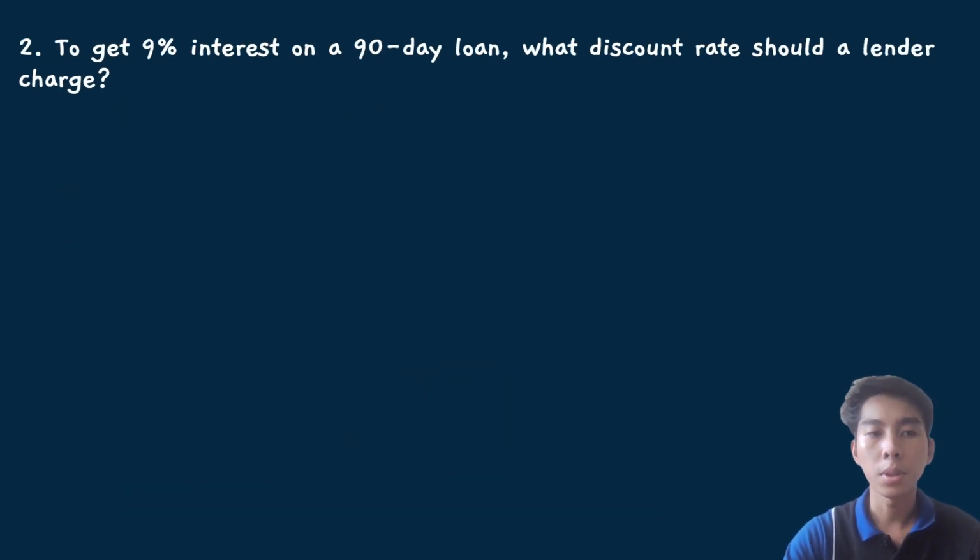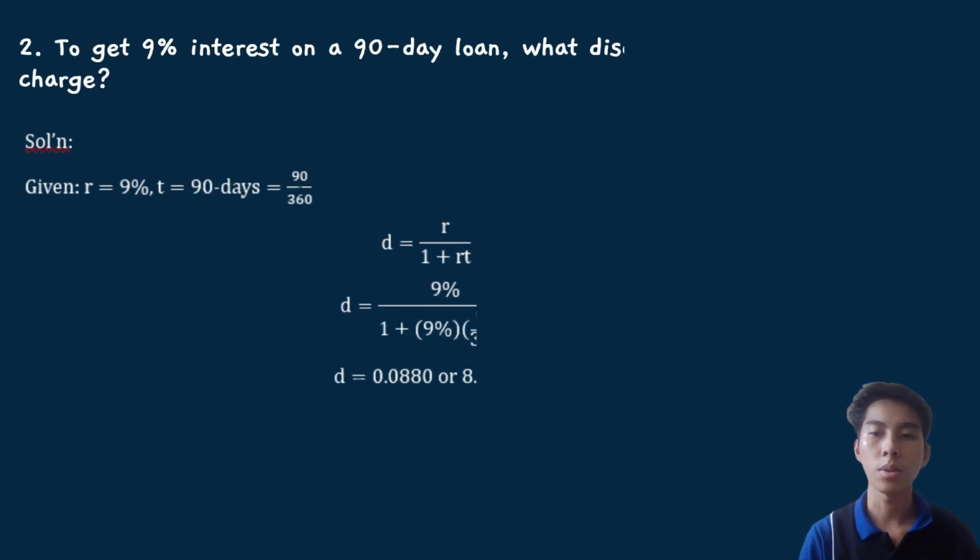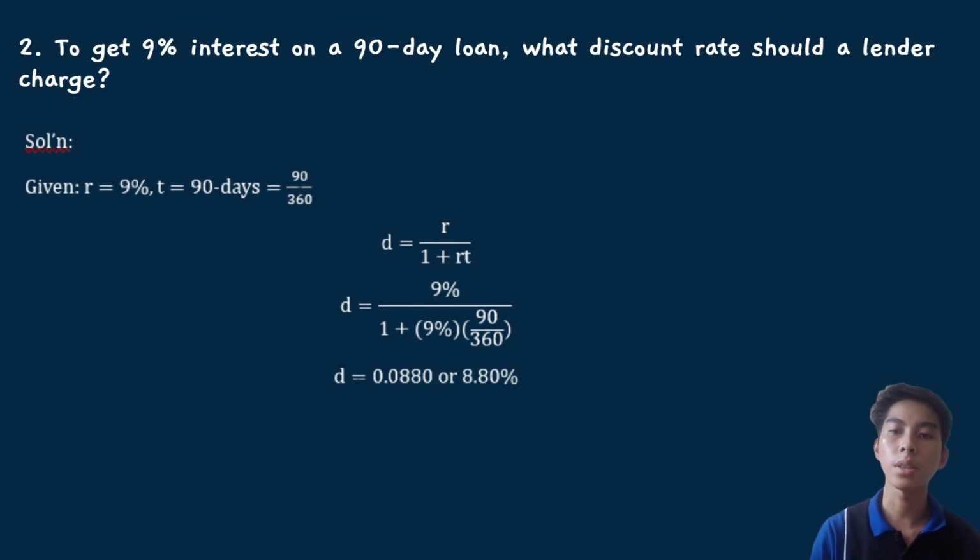So for our example number 2, to get 9% interest on a 90-day loan, what discount rate should a lender charge? The unknown here is the discount rate, and we use the formula for discount rate, D is equal to R all over 1 plus RT. To solve this problem, first we identify what is given.